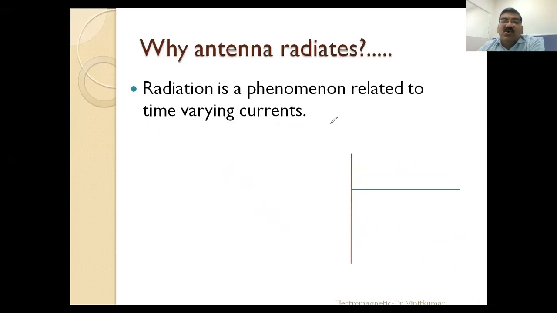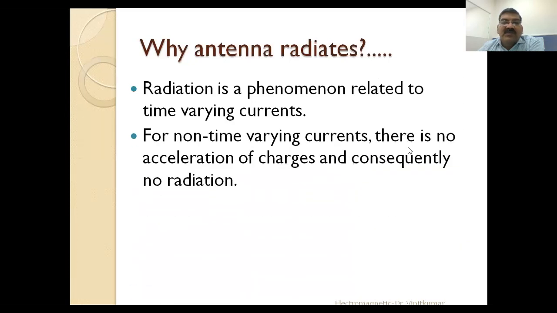Now we will go for further understanding. For non-time varying current, there is no acceleration or change continuously. So there is no acceleration of the charges, and consequently no radiation.